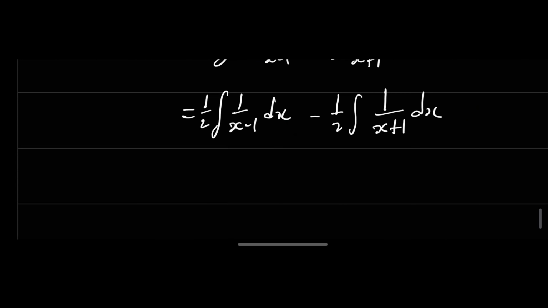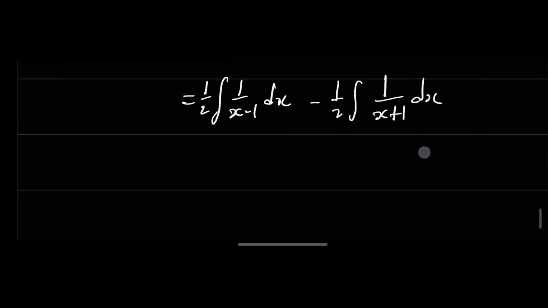For the integration, remember what I told you about a function being the denominator and its derivative being the numerator. In this case, if I differentiate this, I'm going to get 1, and there's a 1 on top here, so this one is a function's derivative over itself. So I know very well that the integral of that is going to be natural log of the denominator. So half natural log of the absolute value of the denominator.